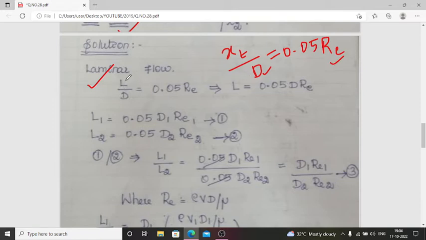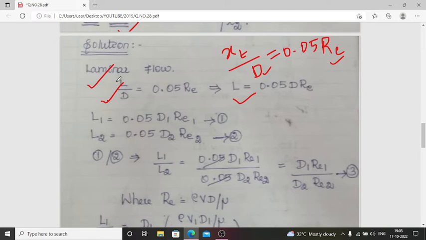So here L by D is equal to 0.05 times Re. Rearranging this expression, L is equal to 0.05 D into Re.